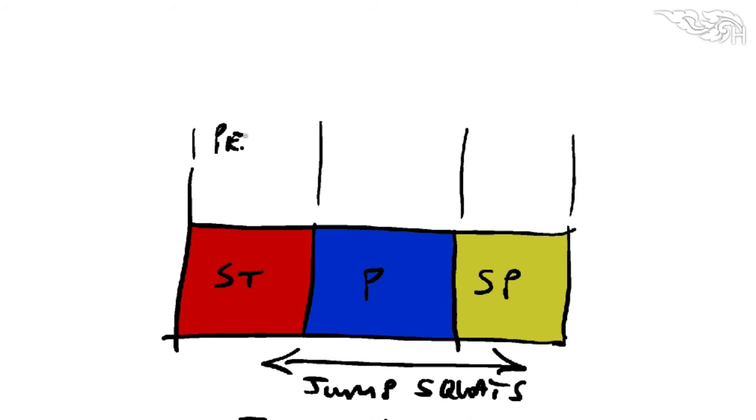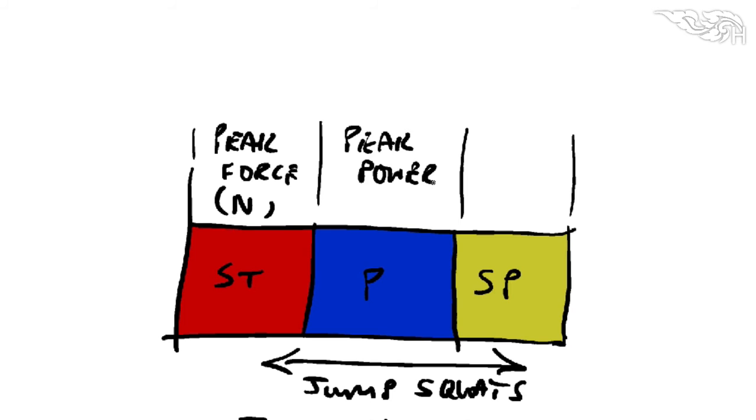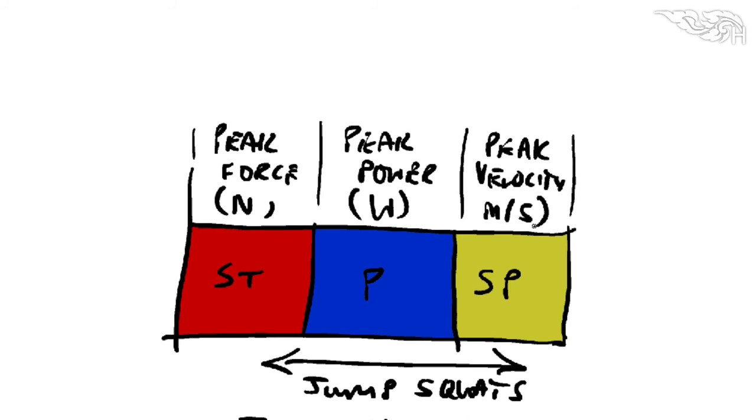So for strength, we want to select loads that develop peak force, and that's in newtons. For the power, we want to develop peak power. So you want to select the loads that give you peak power, and that's in watts. And then for speed, we want to select the loads that give us peak velocity. And that will be in meters per second.